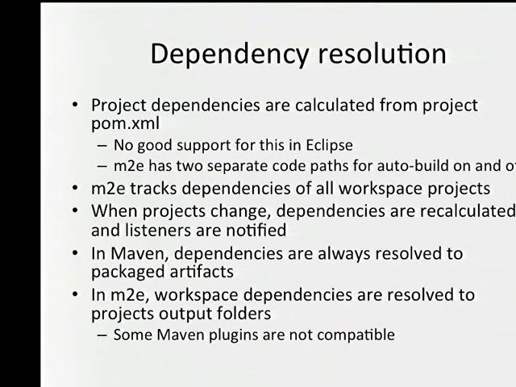So dependencies are always kept up to date. Unfortunately, there is no nice or clean way to implement this using Eclipse APIs. So we have two code paths that deal with when your workspace has automatic build enabled and when it doesn't. But it works quite well.